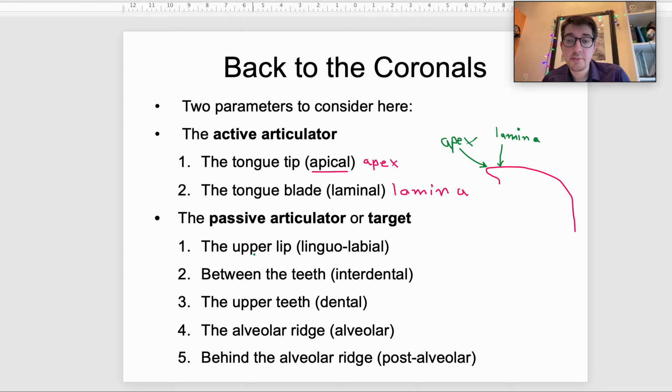So the upper lip, as in between the teeth, as in interdental. The upper teeth, like dental. The alveolar ridge, alveolar, and behind the alveolar ridge, postalveolar. So going from the front to back, right? From anterior to posterior position.